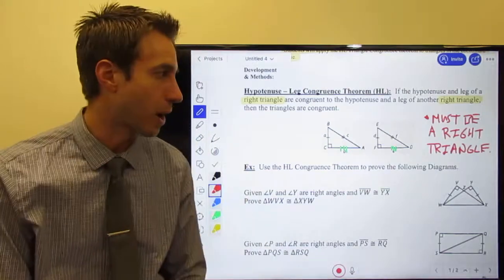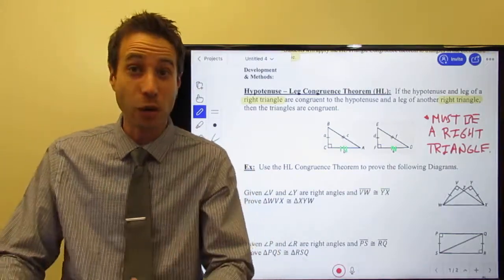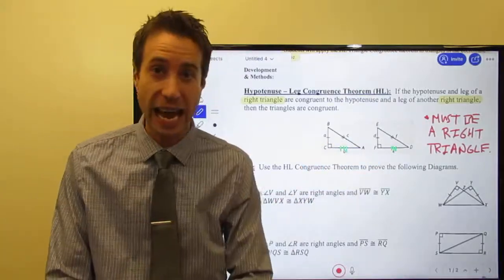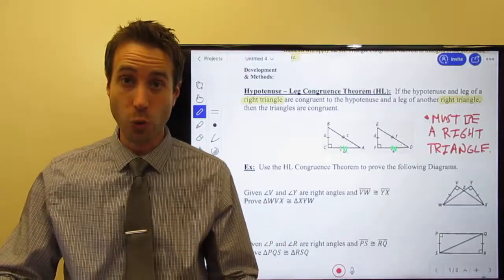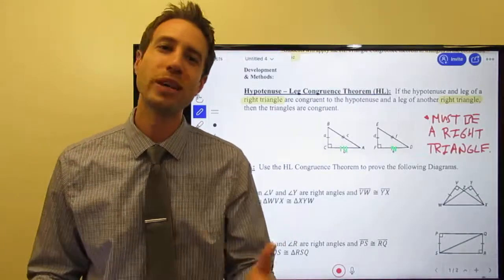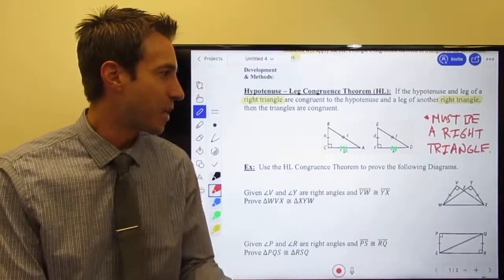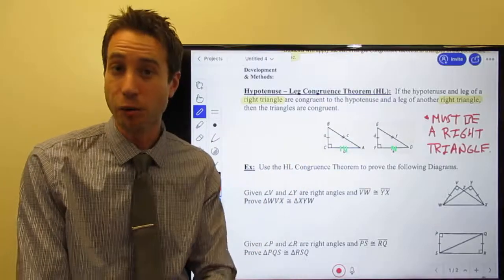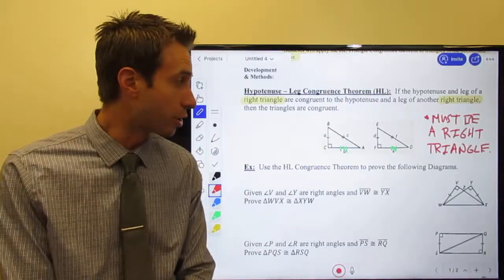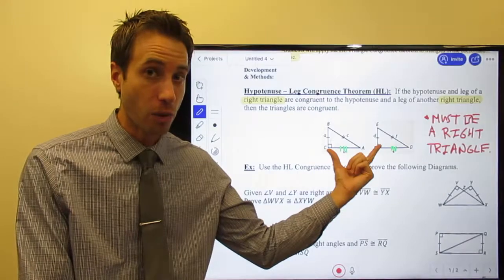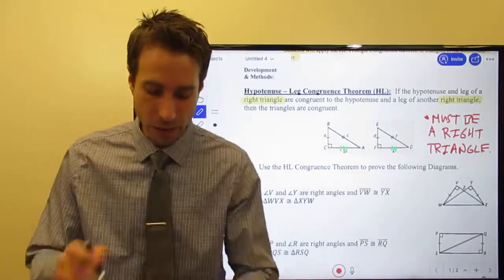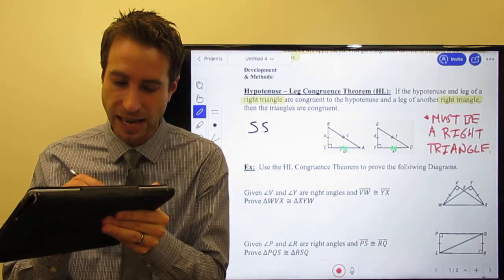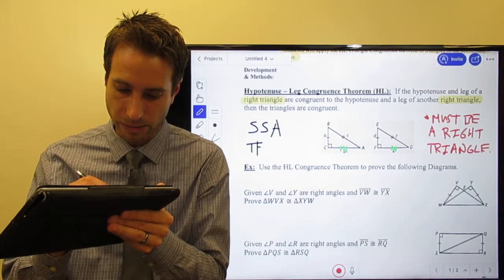Well, you guys know what a right triangle is. A right triangle is a triangle that has an angle that's 90 degrees. So as long as you have a triangle with a 90-degree angle in it, this theorem will work. Why? Well, we talked about this one. Take a look at this. If I can prove that the hypotenuses are congruent and a pair of corresponding legs are congruent, I already know it has a congruent angle. And so essentially what I have here is a side-side-angle theorem.